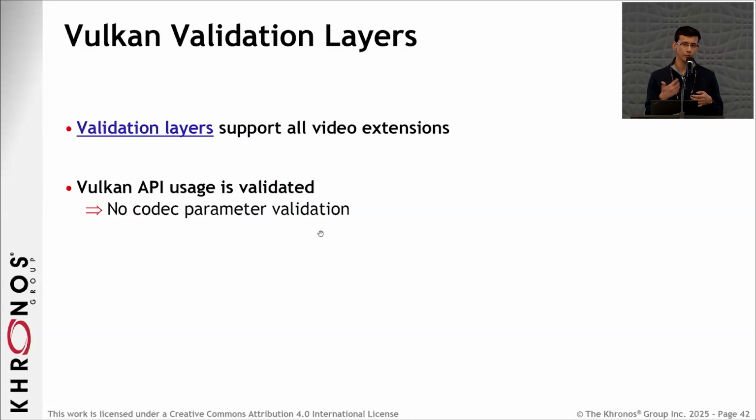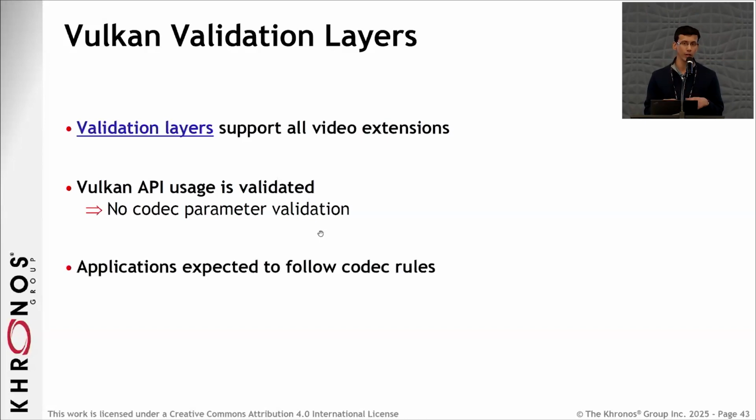You could have, on the encode side, the parameters changing at runtime that you have to control for video encoding. So the codec parameter validator has to be enabled all the time, even at runtime. Because of these 2 points and a few other things, we don't really have a concrete plan for addressing codec parameter validation. So we currently require that applications know the codec rules and follow them to the best of their abilities.